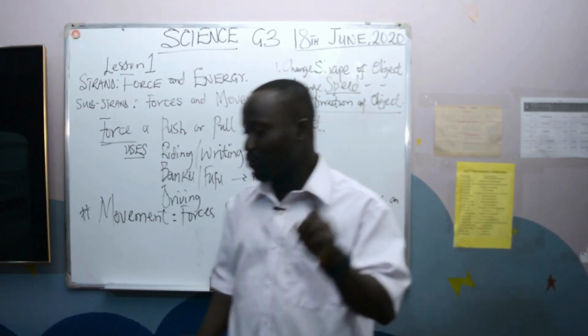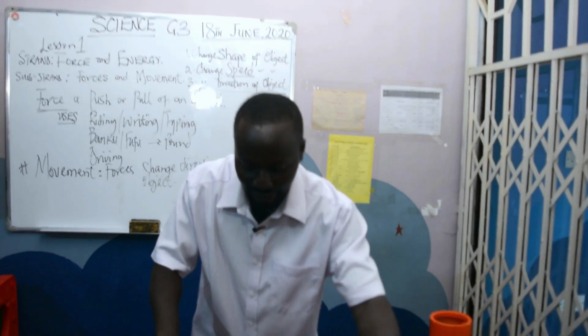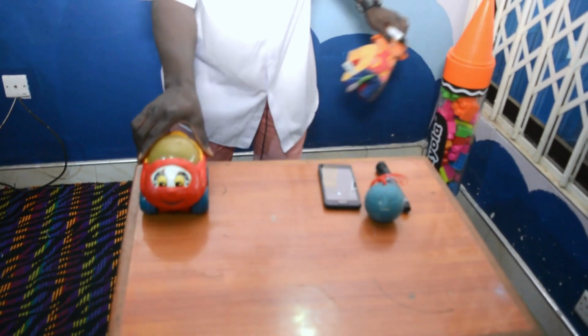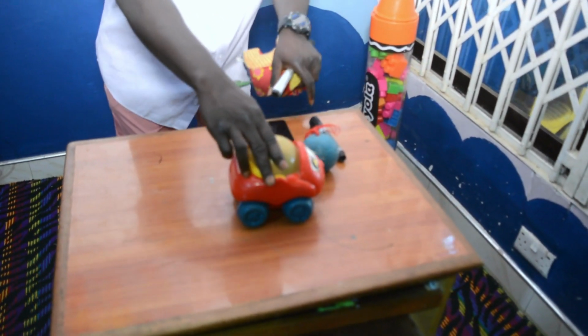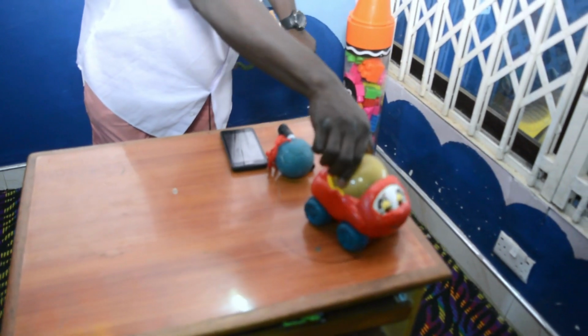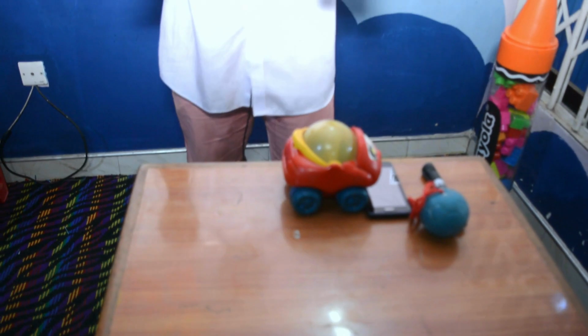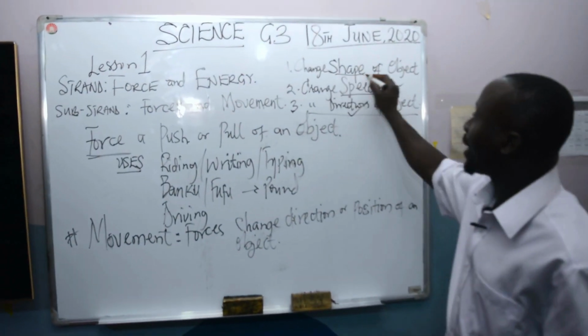As a car is moving, the direction of the car can easily be changed by the force applied with the steering wheel. The direction of the car can be changed by the force applied on the steering wheel. So a force can also change the direction of an object.